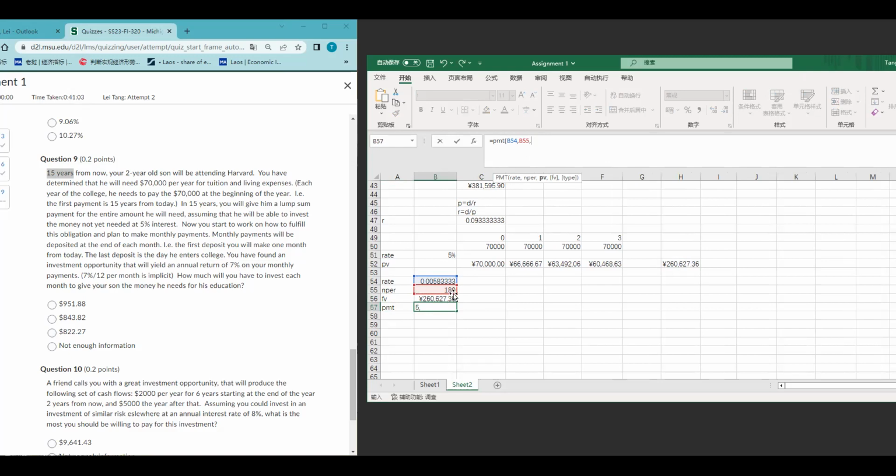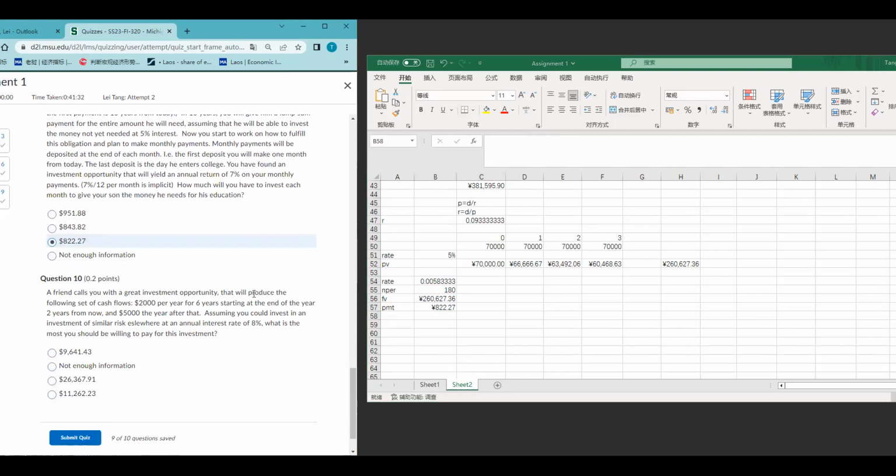No PV. FV is negative. Let's say the monthly payment will be deposited at the end of each month, so the type is 0. So here is the answer: we're going to pay 822 each month.